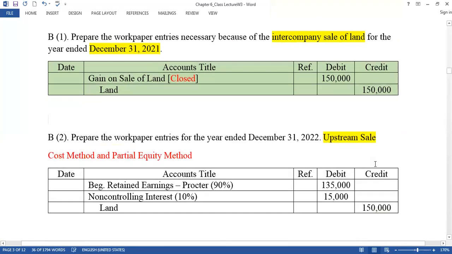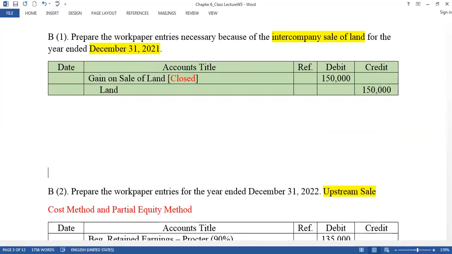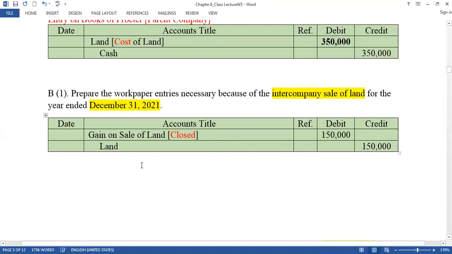Now, you should know that the parent company decreased their land value, right? The parent company decreased their land value, and the subsidiary company decreased their intercompany gain, right? Do you understand? But what is the problem?